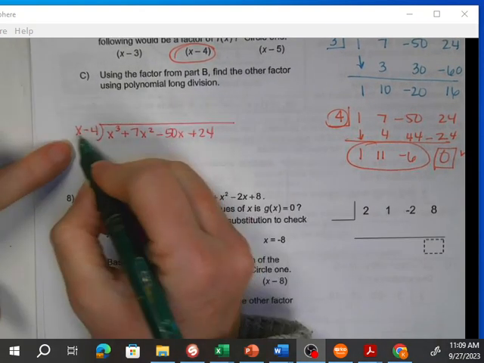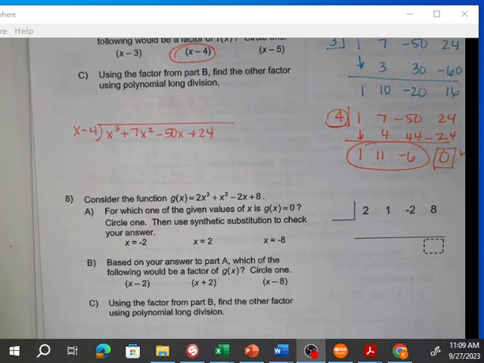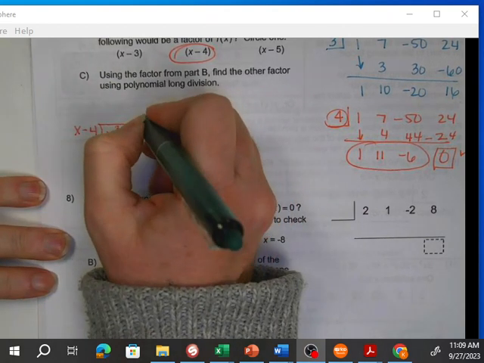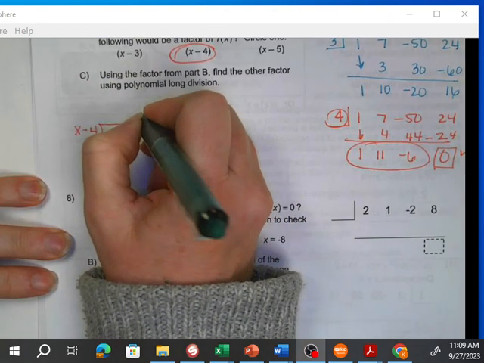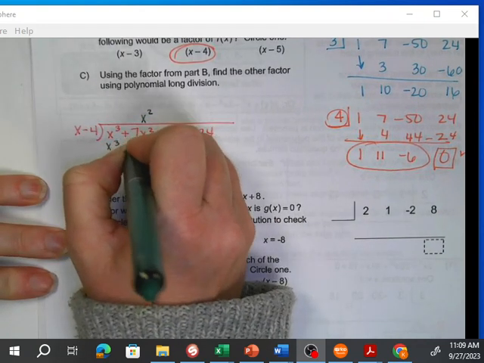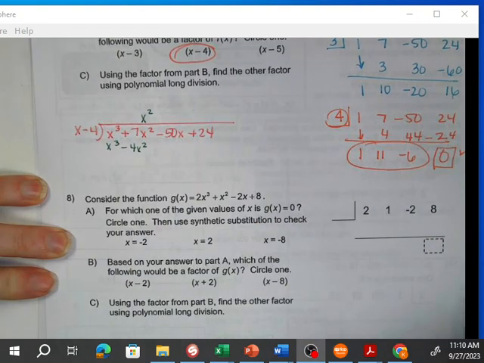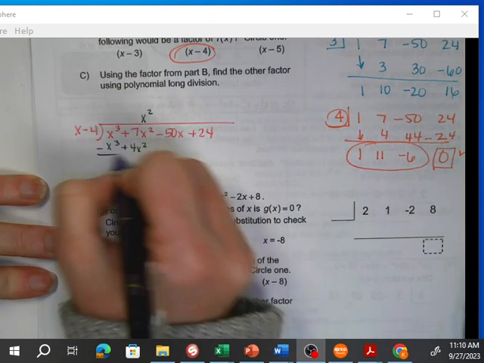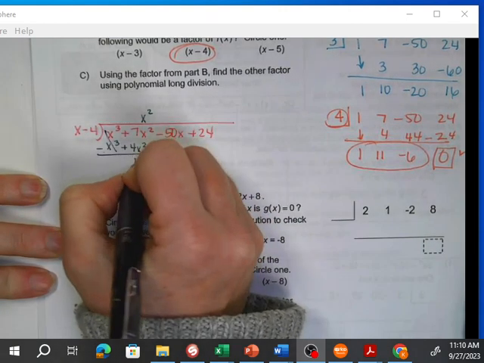So what would I multiply x by to get x cubed? x squared. Multiply. Change all the signs. Add straight down.